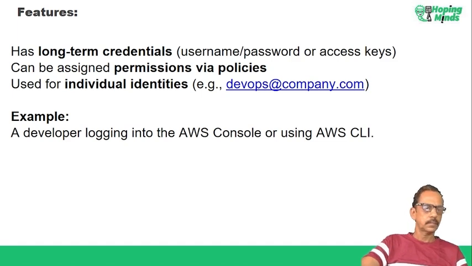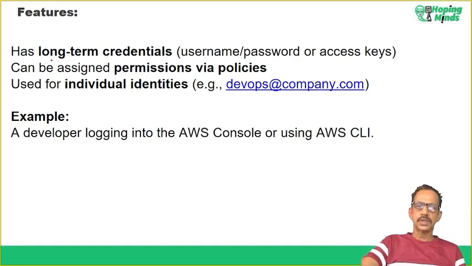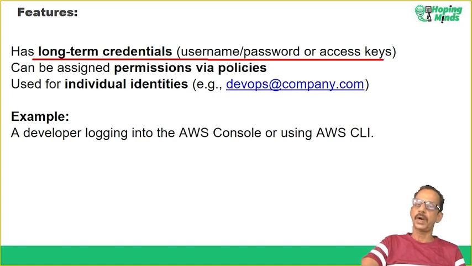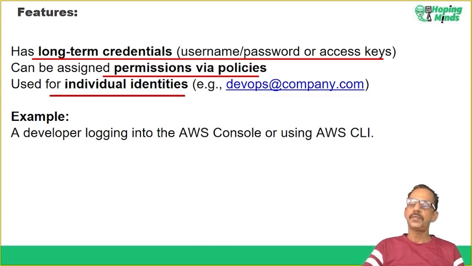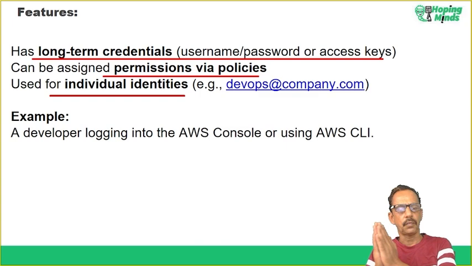Feature: the user has long-term credentials, username, password, or access key, whatever we are using. We can assign permission via policies used for individual identities. Like we create one user, then assign some permissions to him via policies.